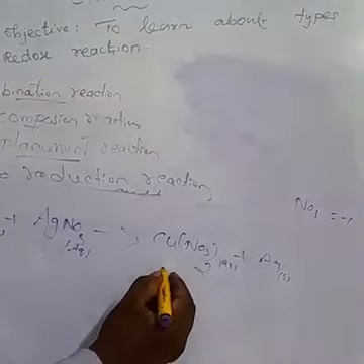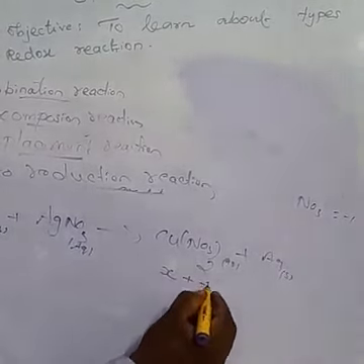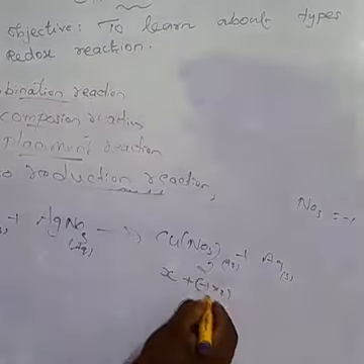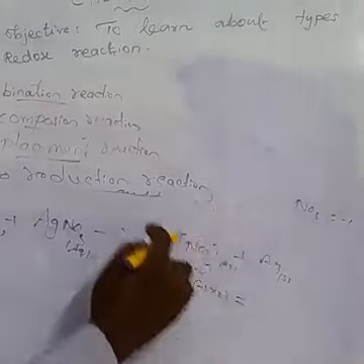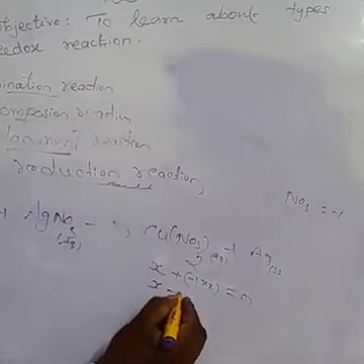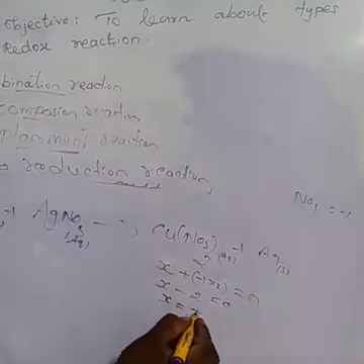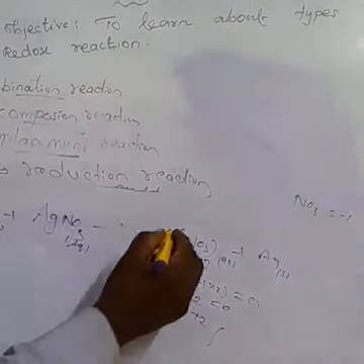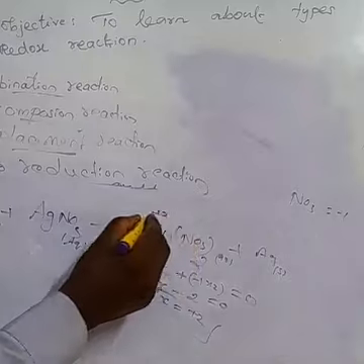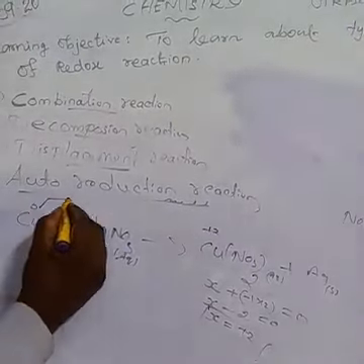Copper is taken as X plus -1 into 2 is equal to 0. So X minus 2 equals 0, so X equals plus 2. Now the charge of copper is plus 2.